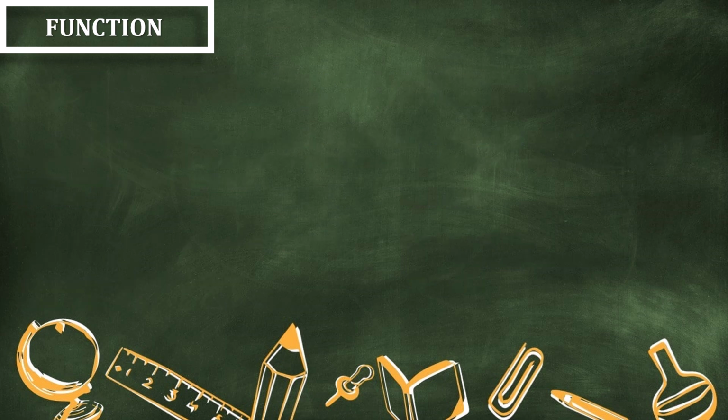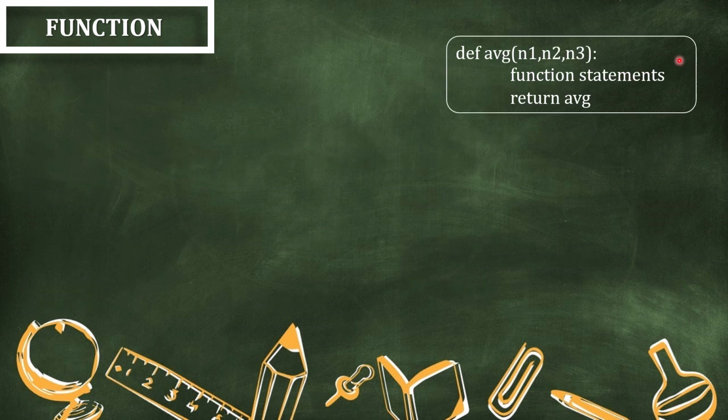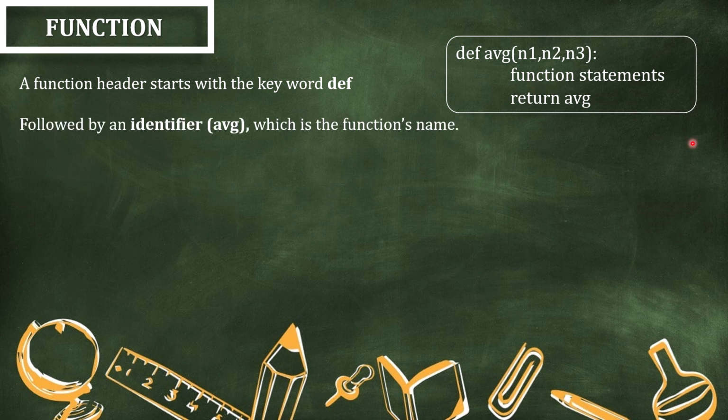Moving on to the next slide, as we have seen this example already, now we are going to see what def is. The function header starts with the keyword def, followed by an identifier, avg, which is the function name.